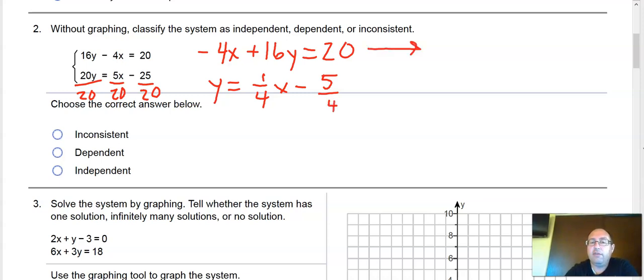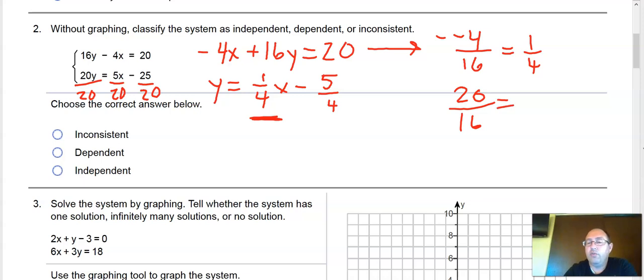So here I have a slope of the opposite of A over B. So the slope is positive 1/4, which matches that. So they have the same exact slope. And then I can do the C over B, 20 over 16, which reduces, 4 goes into the top and the bottom. Oh my goodness, 5/4. They are the same exact line. Once again, this ends up giving me the dependent situation.